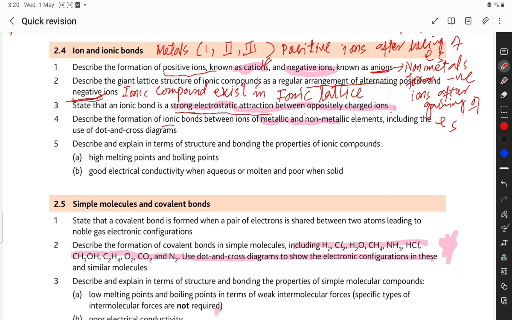Describe the formation of an ionic bond between ions of a metal and a non-metal. For example, potassium chloride. Potassium is in group 1, so write down like this. If you are asked only for the valence shell, draw an empty valence shell because its one electron is gained by the chlorine. So write down a positive charge over here, and this is the chloride ion.